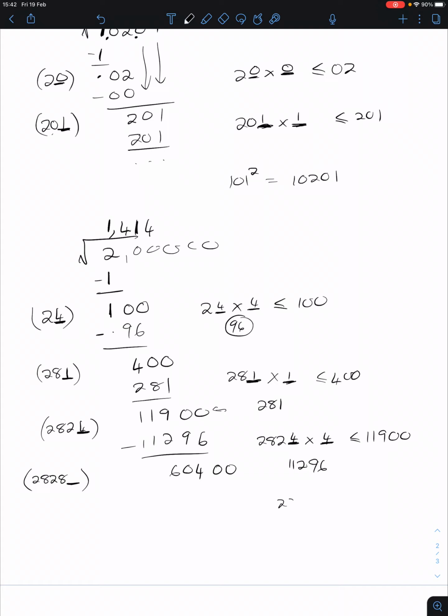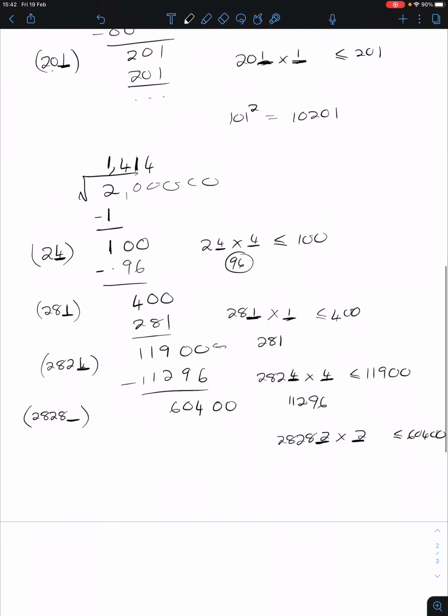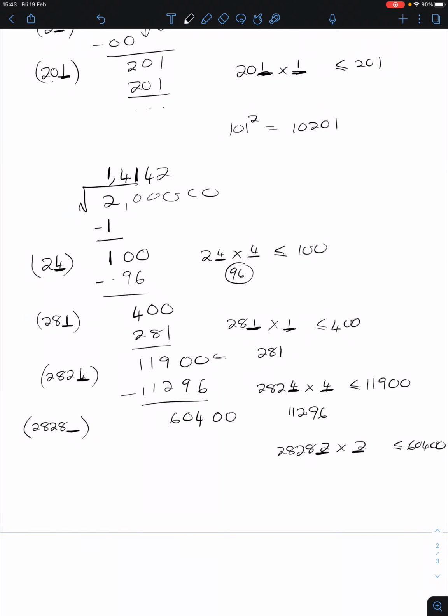So then we've got 2828-something times that single digit that is less than or equal to 60400. And in this case, it will be a 2, which you just check with simple multiplication. So 2 times that will be 56564, and if you subtract that, 3836, and you bring down the next digits.